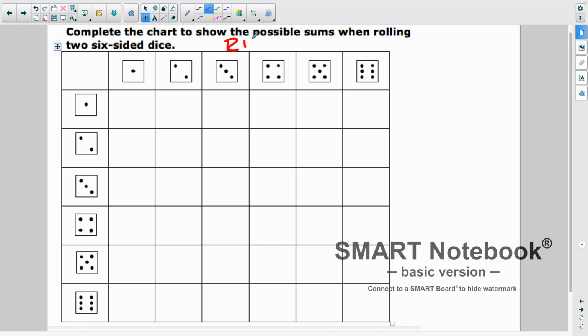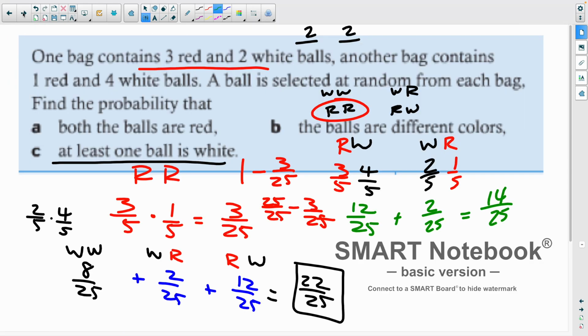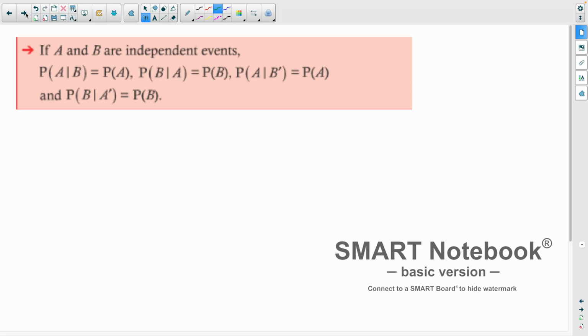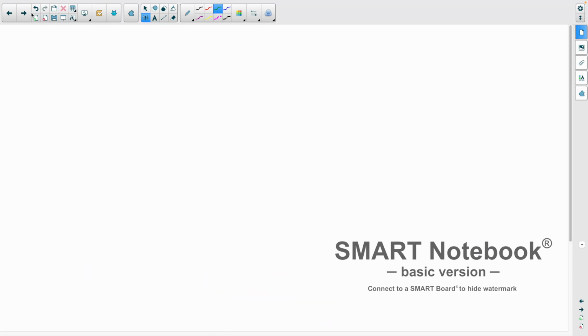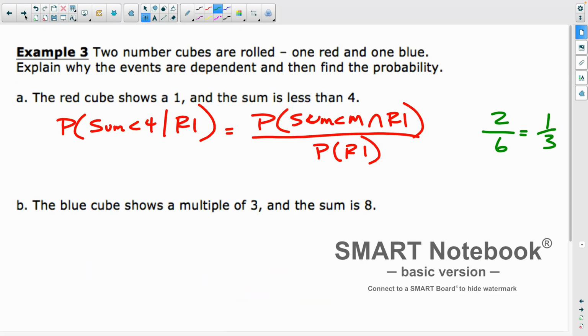Well, if I say these are my reds and these are my blues right here, how many things are in my sample space? 36. How many of them contain a red 1? 6, because we're talking about this column right there, correct? So you see we've shrunk the sample space just to these 6 right here. But if I was using my formula, I would say this right here is 6 out of 36.